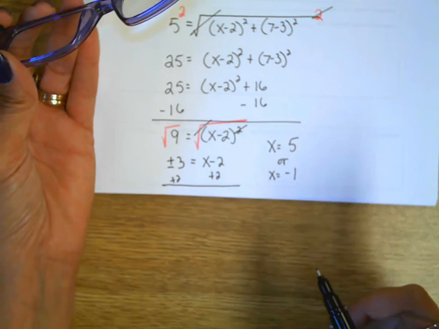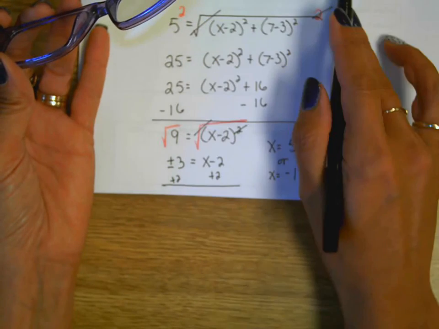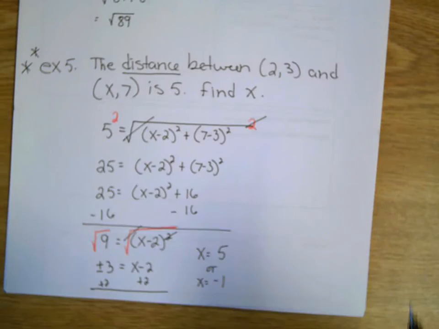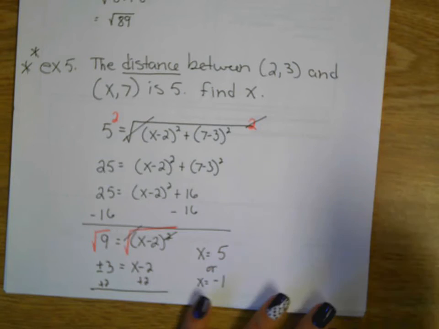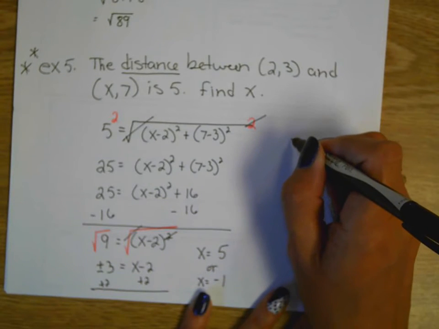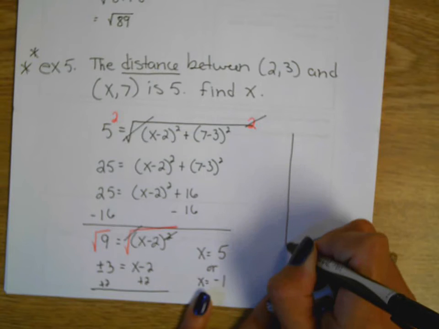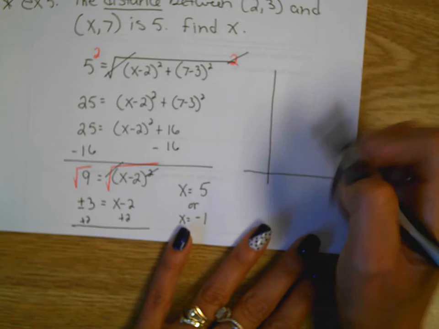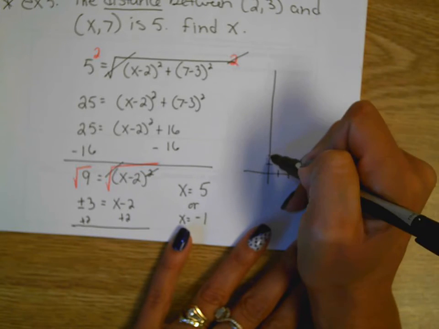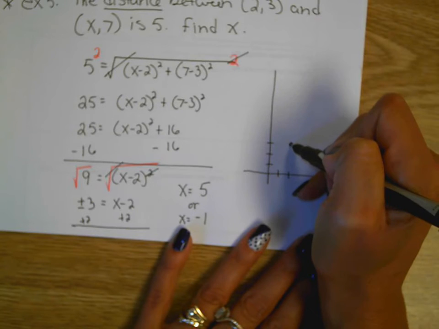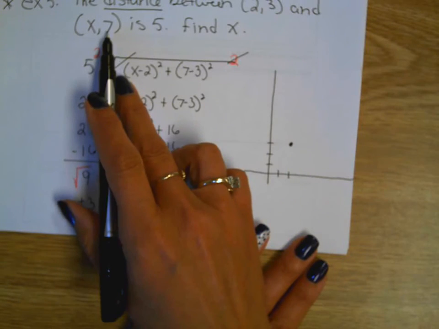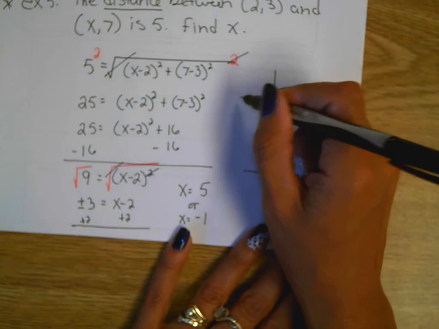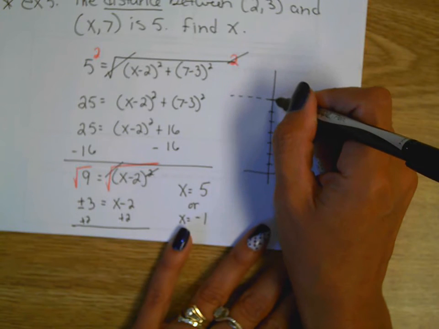So there are 2 points in the coordinate plane that are 5 units away from 2, 3. And I want to show you them so you can see where it came from. Real quick, you actually don't even have to graph this if you don't want to. So we had 2, 3. Just a rough sketch. There was 2, 3, and then we had a point that was up 7. So my points were on this dotted line.